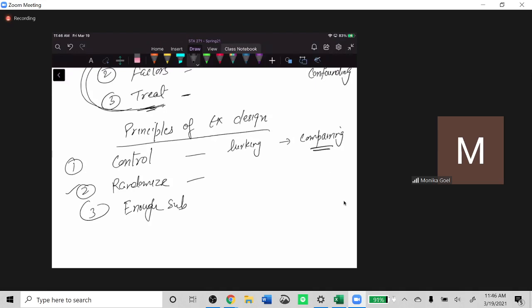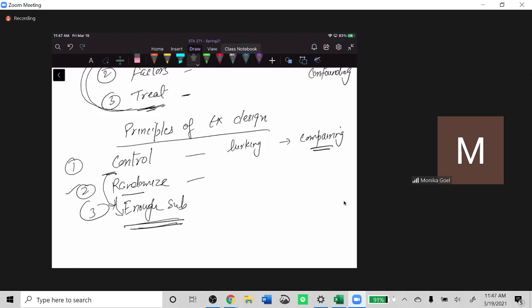We randomize the subjects and then apply the treatment to control the effect of lurking and confounding variables. So we need enough subjects to randomize and control the effect of lurking and confounding variables.